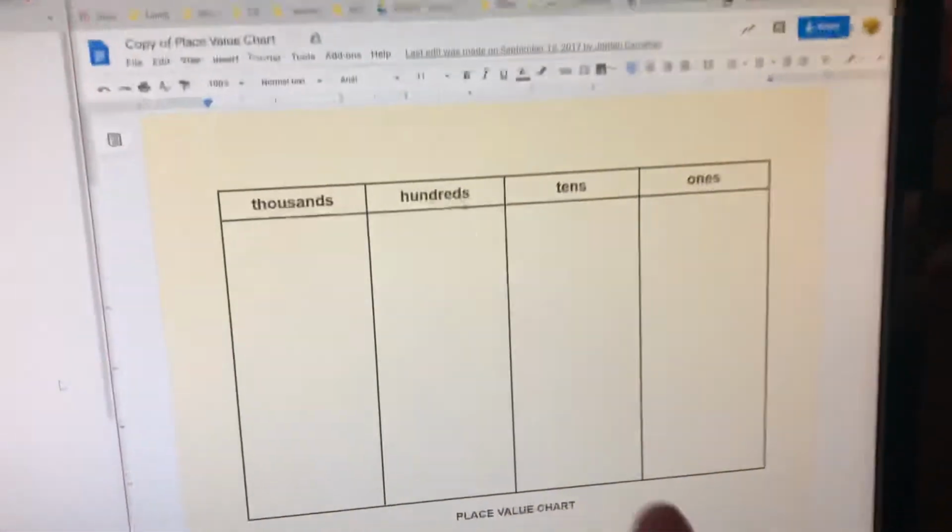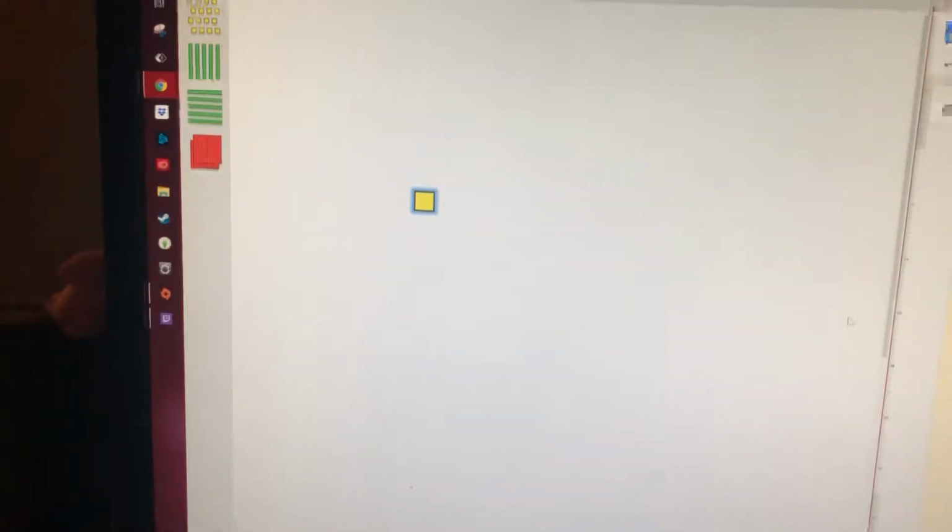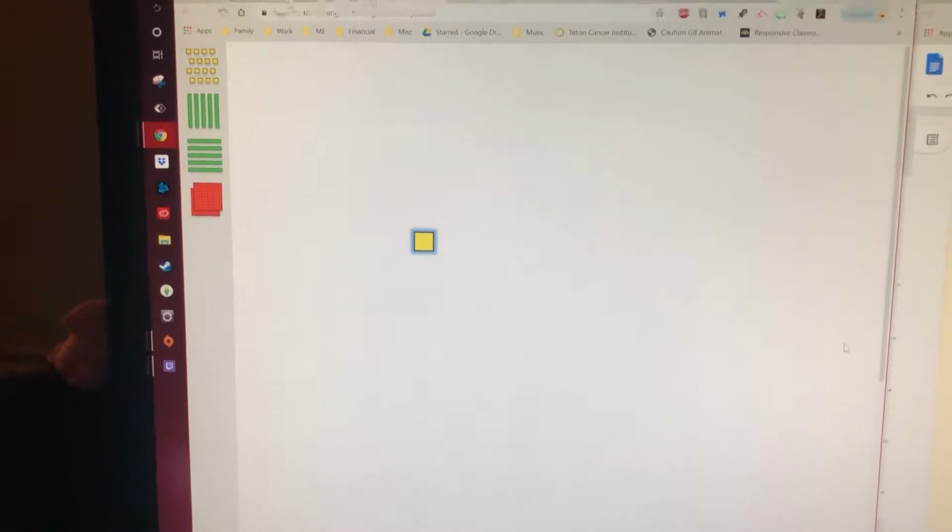So for example, how are we going to get this 1 cube to be over in the tens place? What do we need to do with it? Think about it. All right, so what do we need to do with this 1's block to make it be able to go into the tens place? Let's see.